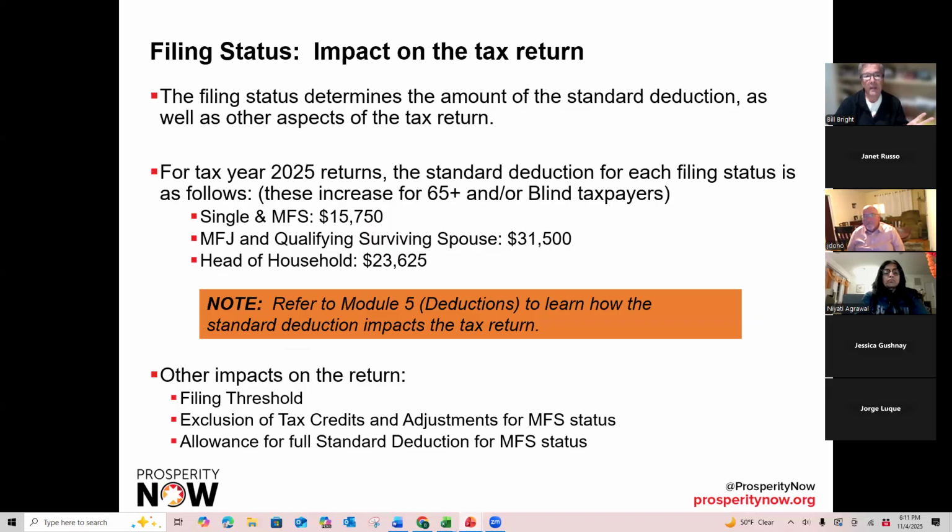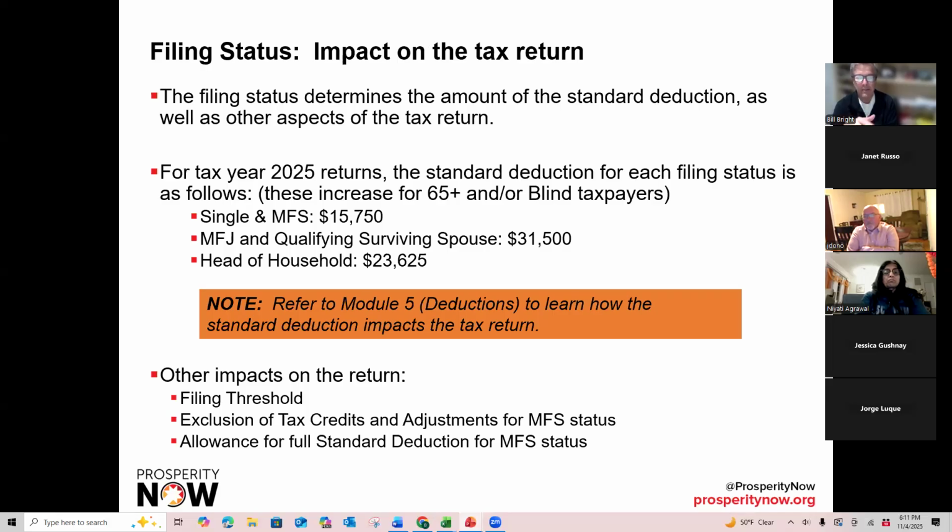So here we go. The filing status determines the amount of the standard deduction, as well as other aspects of the tax return. For 2025, the standard deduction for single and married filing separately is 15,750. For married filing jointly and QSS, it's 31,500, and head of household is $23,625.